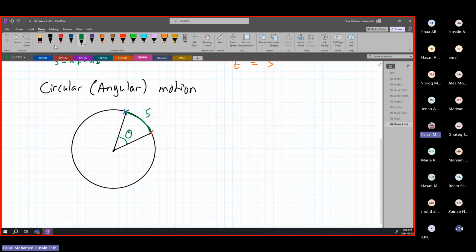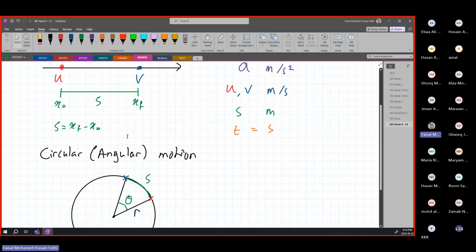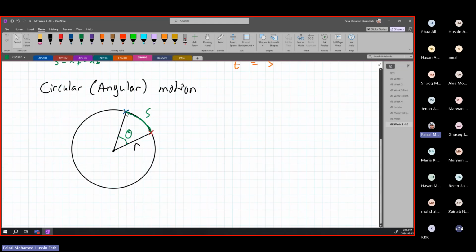Okay, and if you know your basic math, let's say the radius of the circle is r. The way you can relate this s, which is just the linear displacement, we are talking about it now in terms of that angle. So how can we find this angle theta?